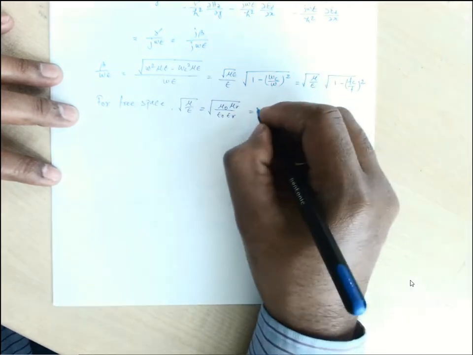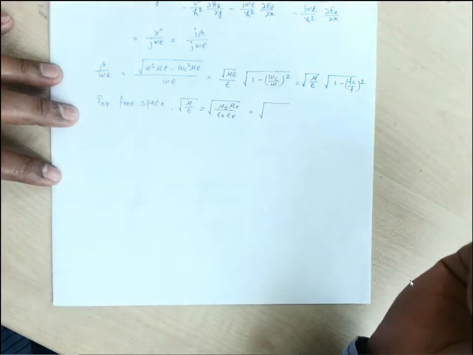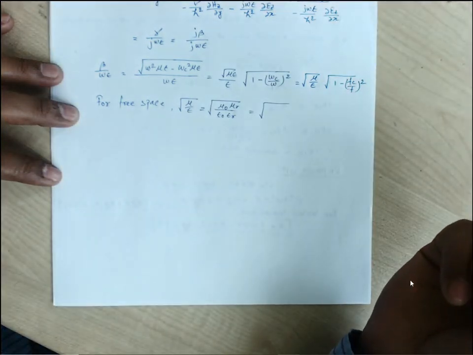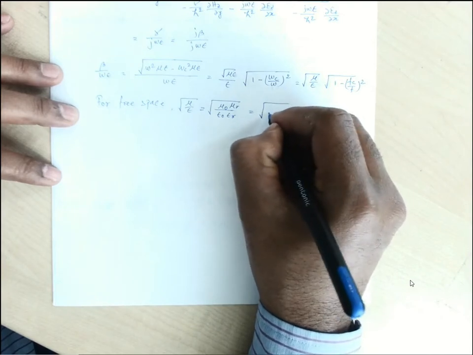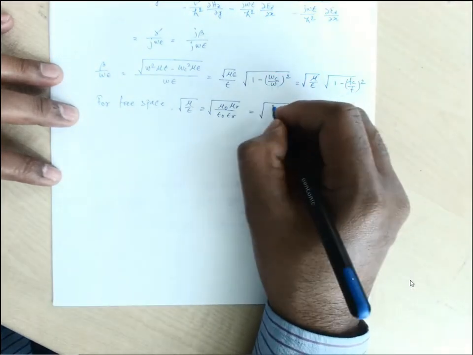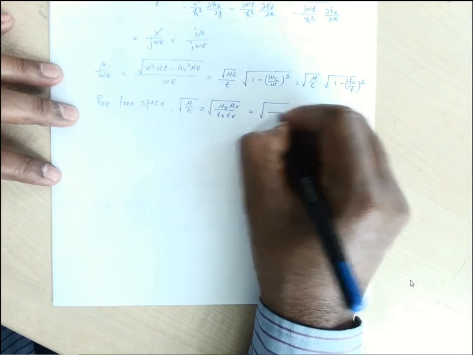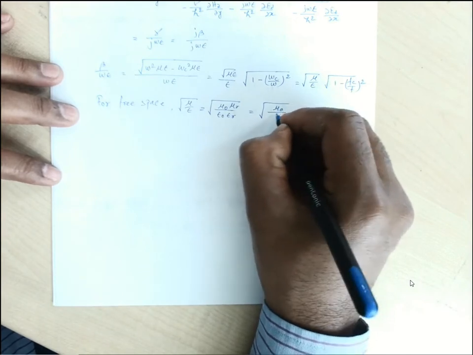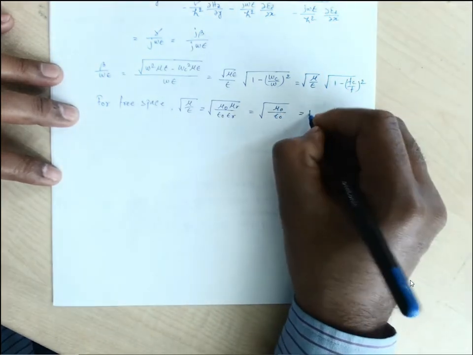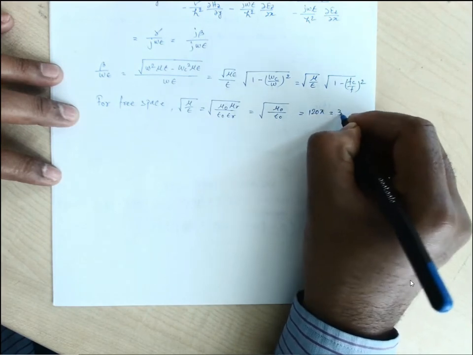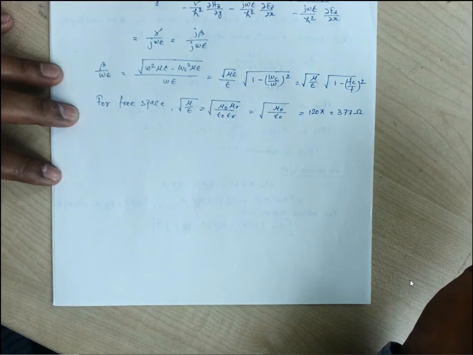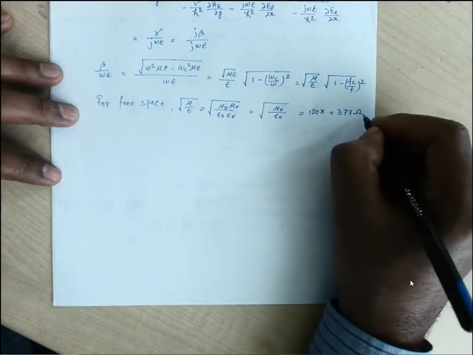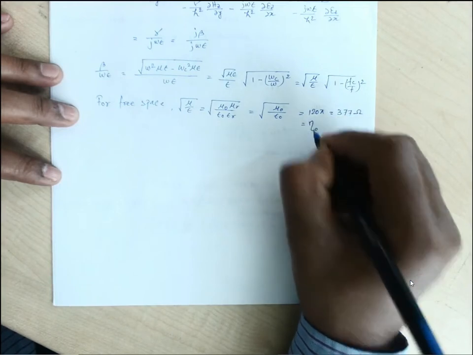We know the value of mu naught and epsilon naught, and mu r and epsilon r will be 1. Then root over mu naught by epsilon naught will be 120 pi or approximately 377 ohm, which is considered as the free space intrinsic impedance. Let us denote it as eta naught.